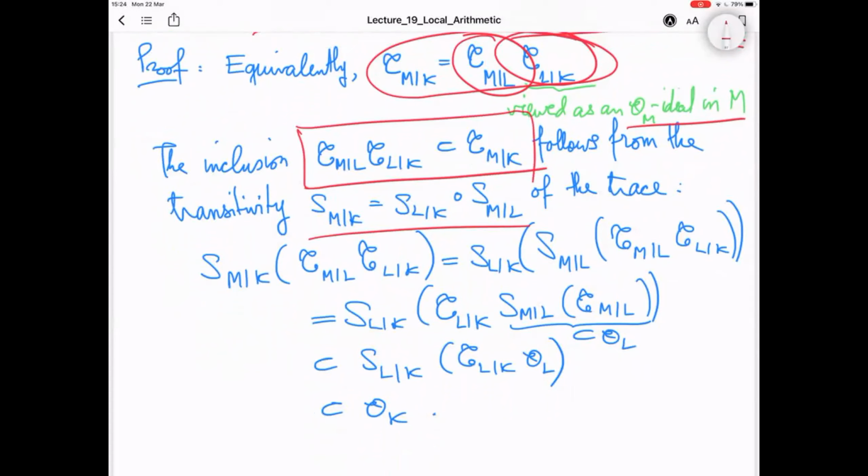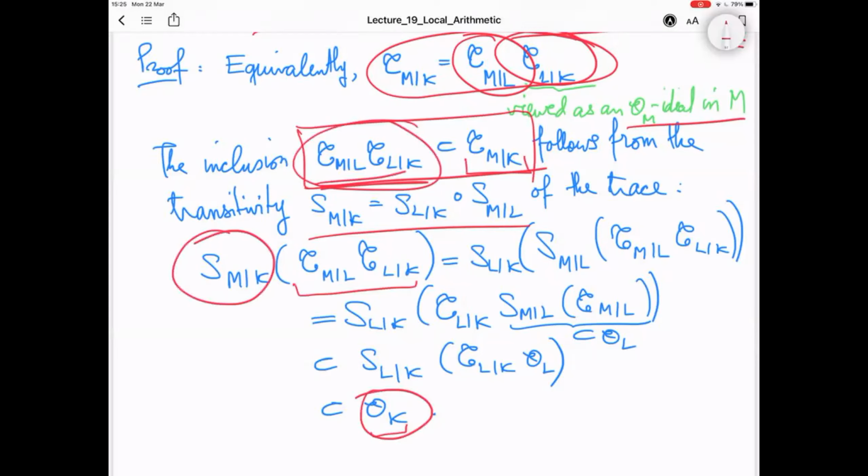In order to prove this inclusion, I have to show that when I take the trace of this ideal here, I'm inside the ring OK. S M over K takes this ideal inside OK, and then it will have to be contained inside this, because that's the biggest thing whose trace is in OK.